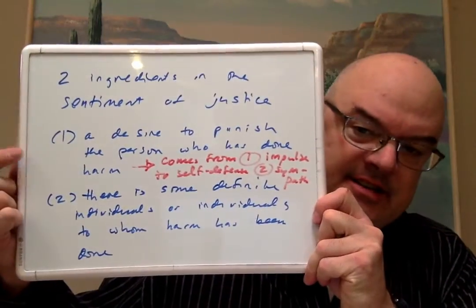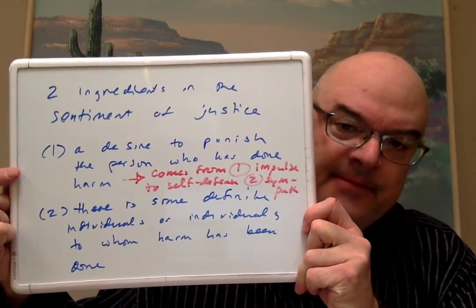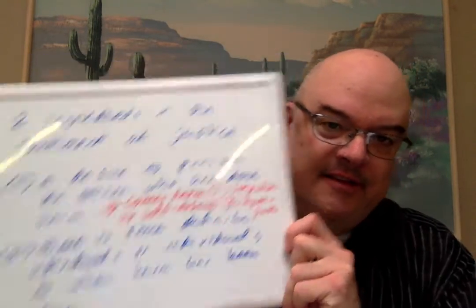So the idea here is that this ingredient in justice, the desire to see the person punished, is basically rooted in the natural reaction that if we were harmed, we would want to retaliate, in the same way that if you harm an animal, the animal is going to retaliate as a form of self-defense. So it's that natural instinct.